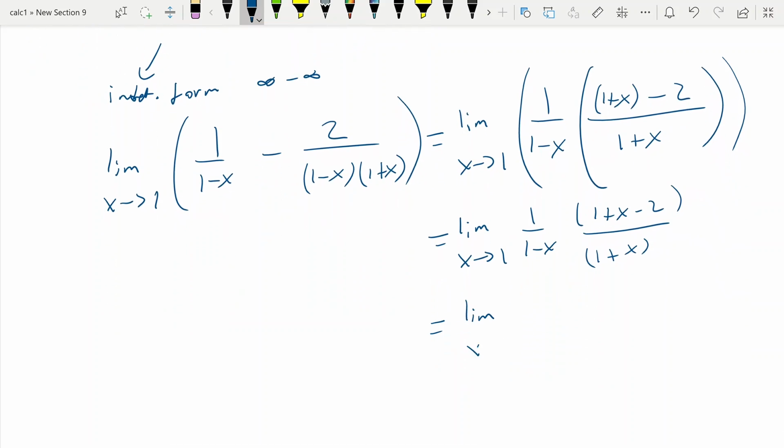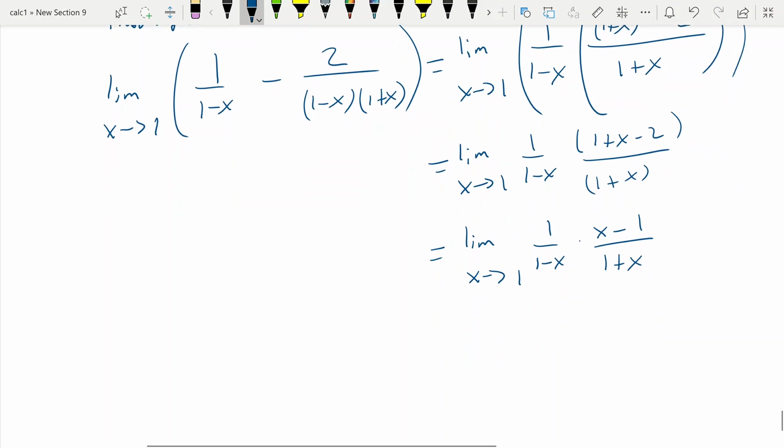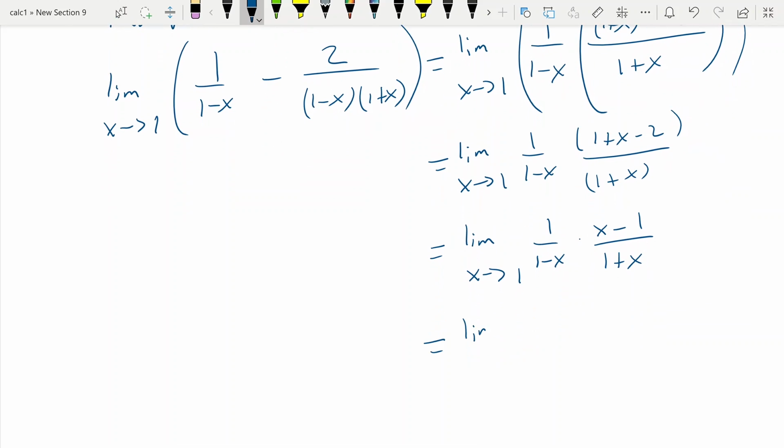This is the same as the limit when x approaches 1 of 1 over 1 minus x times x minus 1 over 1 plus x, which is the same as the limit as x approaches 1 of 1 over 1 minus x times, and x minus 1 is the same as minus 1 minus x, if you just flip the signs when you distribute the minus 1 inside.